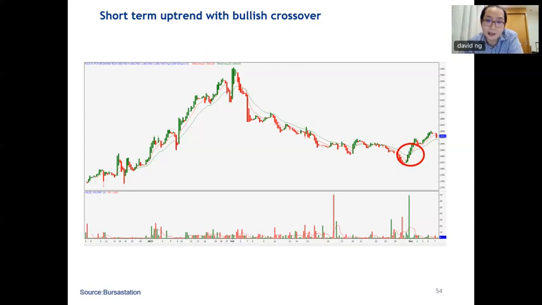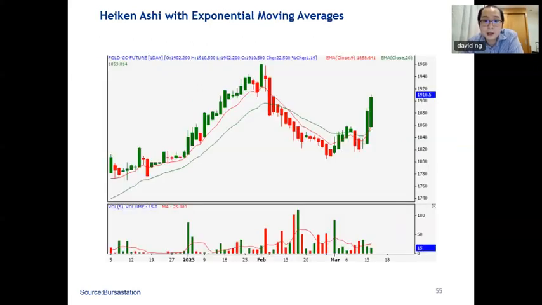Because the shorter period is crossing above the longer period, indicating a bullish EMA crossover. A green Heiken-Ashi means an immediate short-term uptrend in the market. So it's a very good opportunity to identify a buying opportunity at this point in time. Again, to relate the dynamics to you, you can use an MA crossover accompanied by Heiken-Ashi to give you a better signal when identifying buying and selling opportunities.